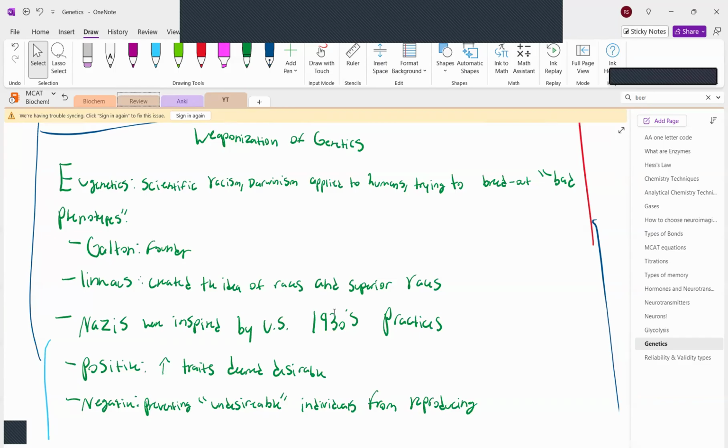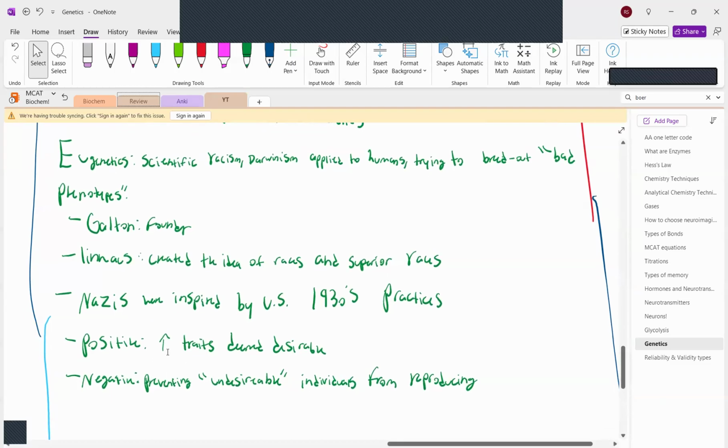So eugenics is scientific racism. It applies a lot of Darwin's characteristics to humans specifically, so you're trying to quote unquote breed out the bad phenotypes. Francis Galton was the founder of eugenics, and he had a lot of this negative bias. Positive eugenics was popular. That's when you try to increase a trait, and you have people quote unquote breed, his words, not mine, for traits that are deemed desirable.